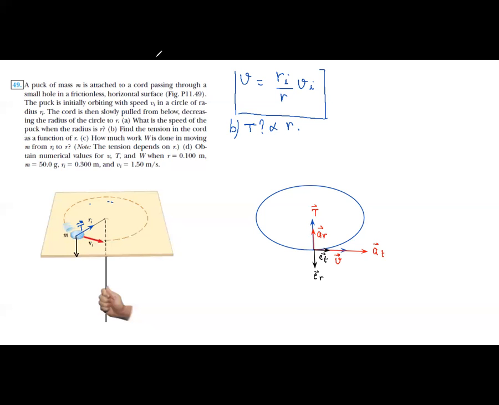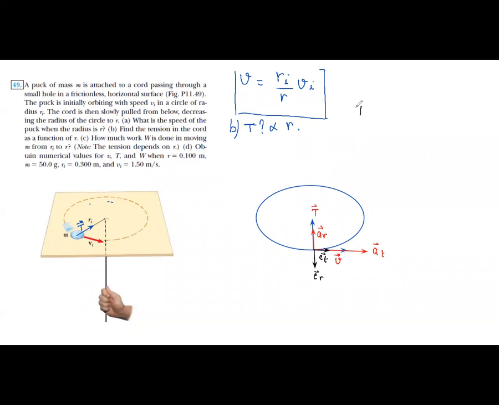I want to calculate T, so we can do the projection in terms of E R. In this direction of E R, we have only the tension T. We don't have any other force applied on the object.